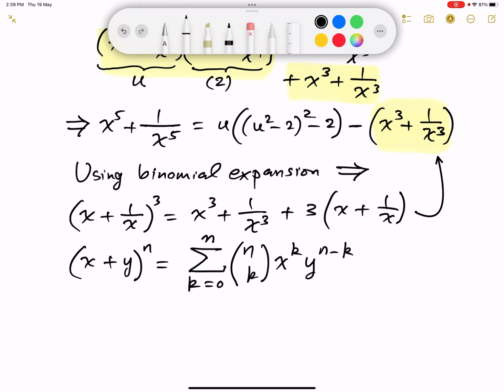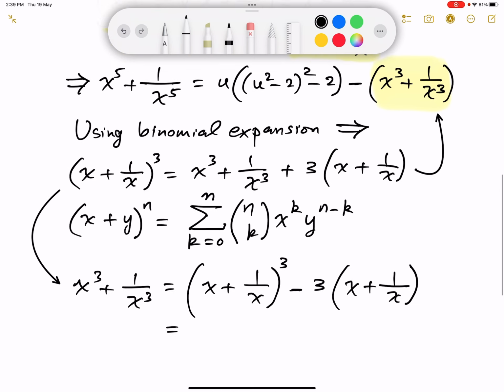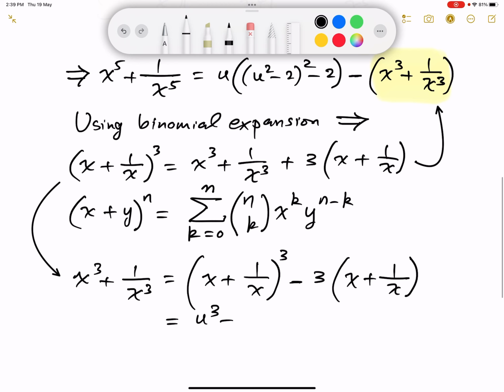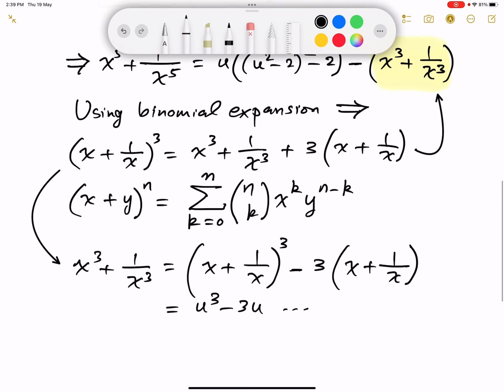From this equation, we can get an explicit expression for x to the power 3 plus 1 over x to the power 3, and that is equal to x plus 1 over x, which is basically u raised to the power 3, minus 3 multiplied by x plus 1 over x, which can be rewritten as u cubed minus 3u.